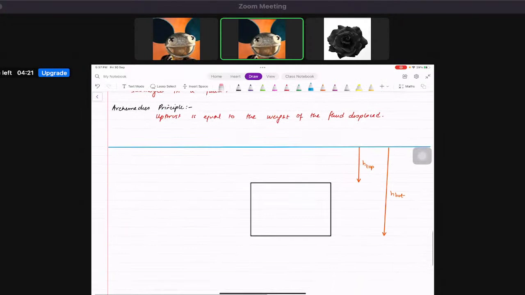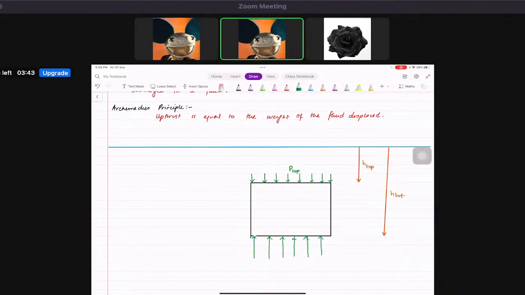Which means at the top you're going to have less pressure than at the bottom. Why? Because the depth at the top is less than the depth at the bottom. So this is the pressure at top, and at the bottom the pressure is going to be larger. I'm making these arrows bigger just to signify that.